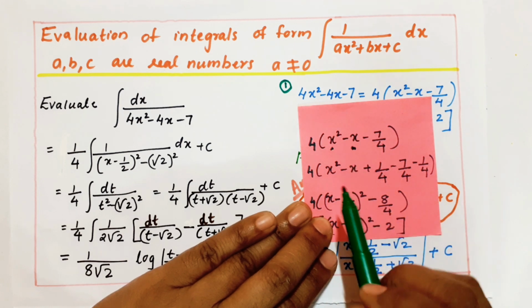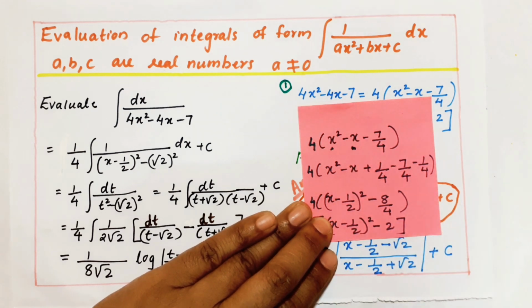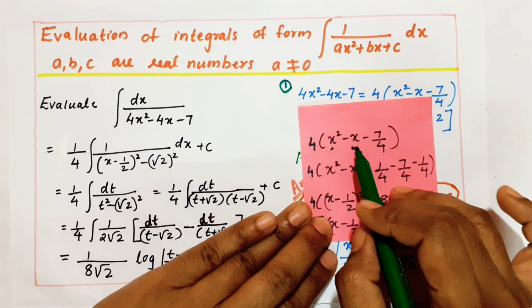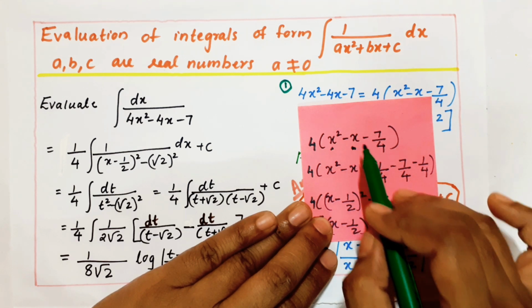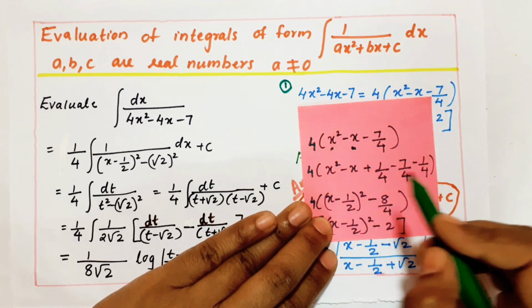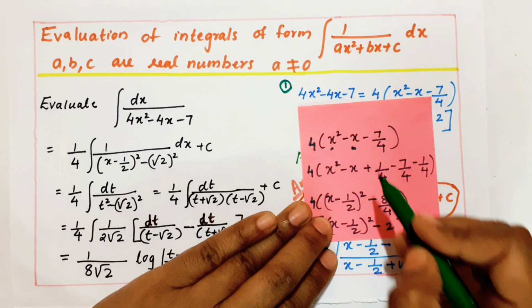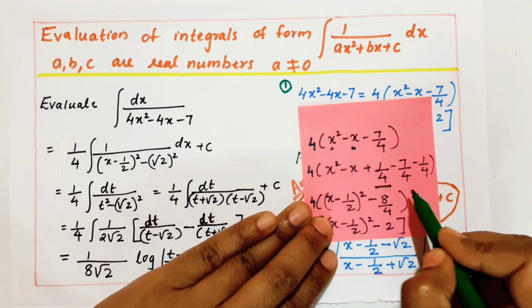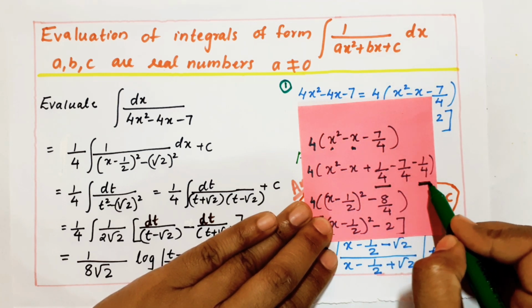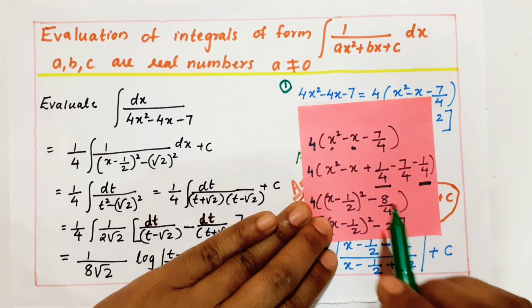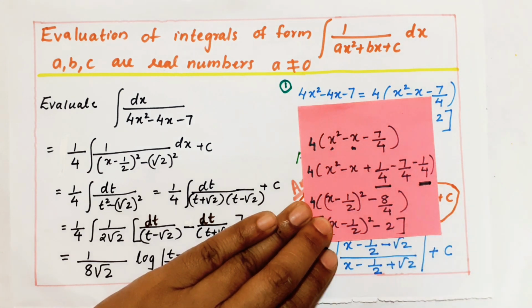But here also I am getting 1, so you have to remember: if you convert into the form of a minus b the whole square, you need to add a term and subtract the same term. So I am adding plus 1 by 4 and subtracting 1 by 4.